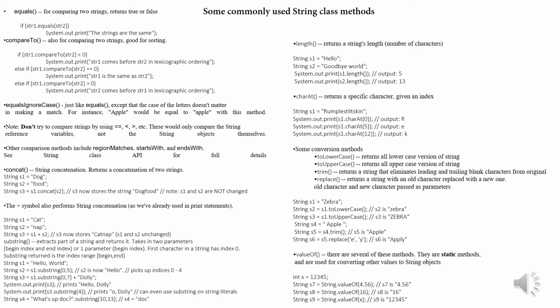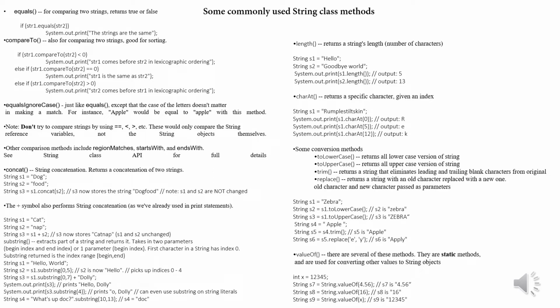For example, you have a string s1 be hello world and a string s2 be s1 dot substring 0 and 5. So 0 is the begin index and 5 is the end index, right? So now s2 is hello.